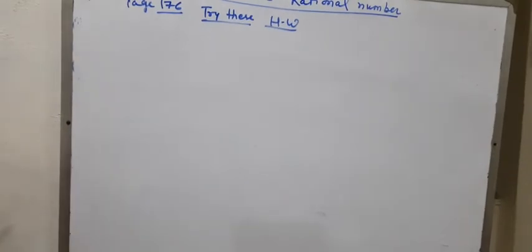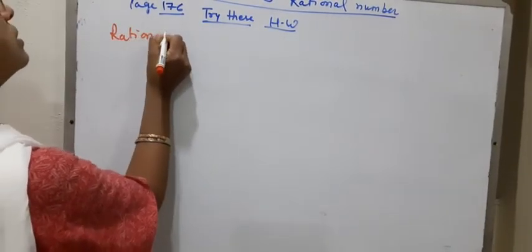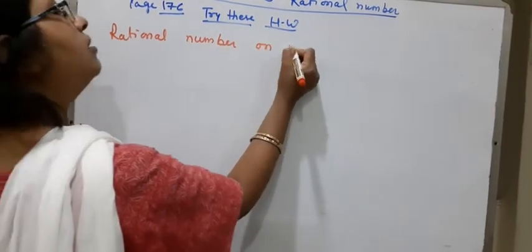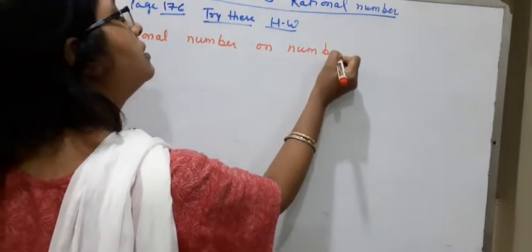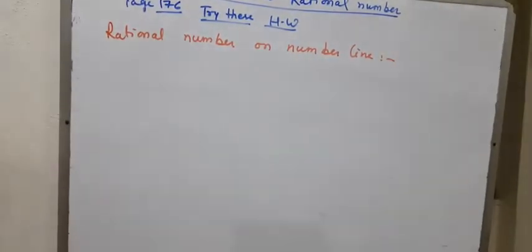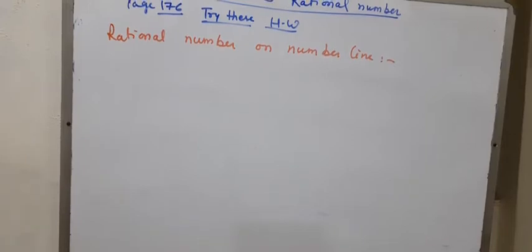Next topic is rational numbers on the number line. You know how to represent integers on the number line. So we draw a number line.